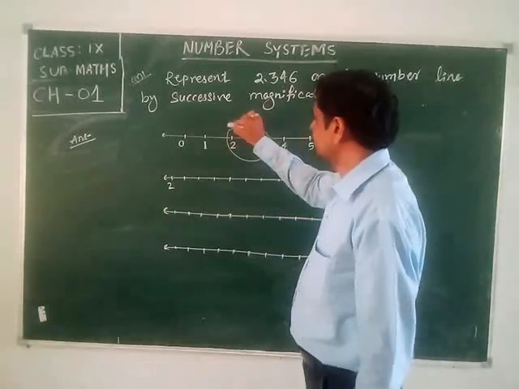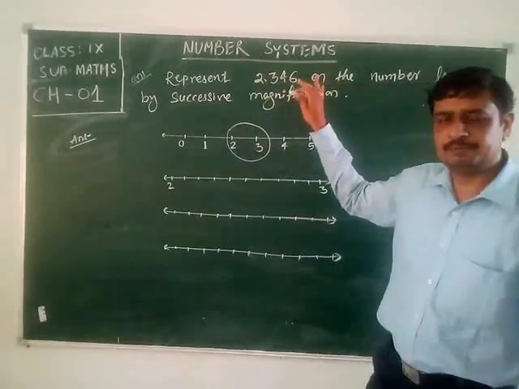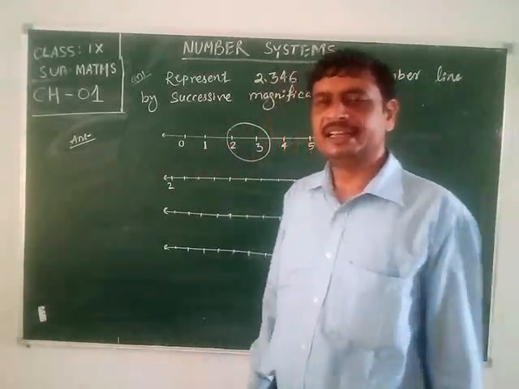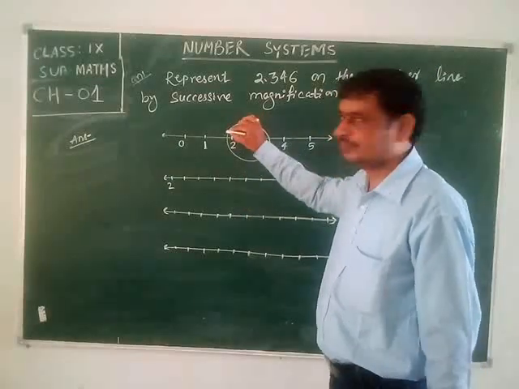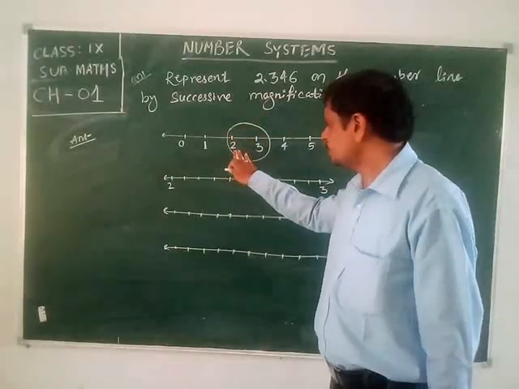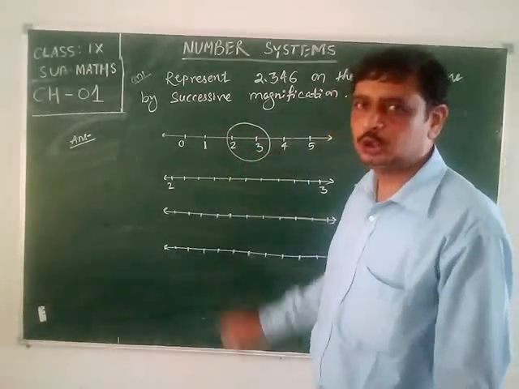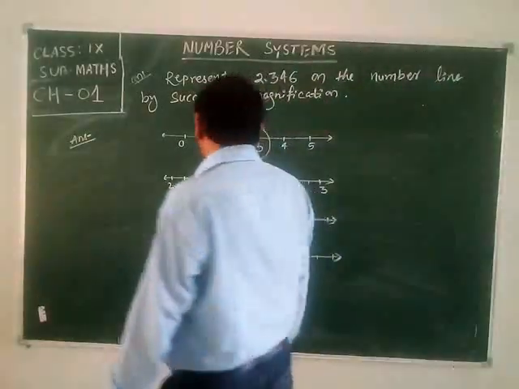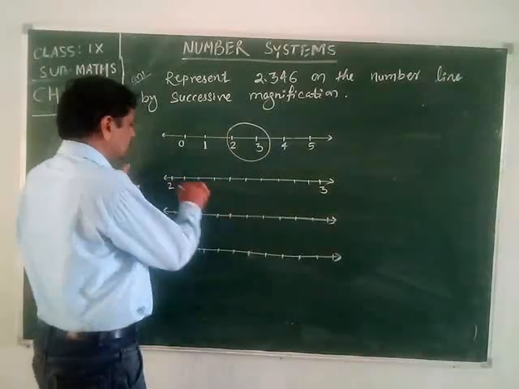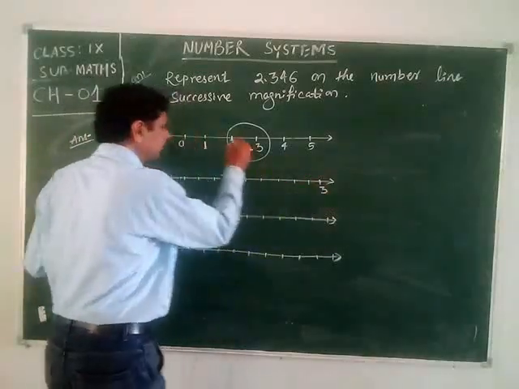Here, since the number 2.346 is present in between two closer numbers, that is 2 and 3, we have to magnify this 2 and 3. Next, we draw another line.